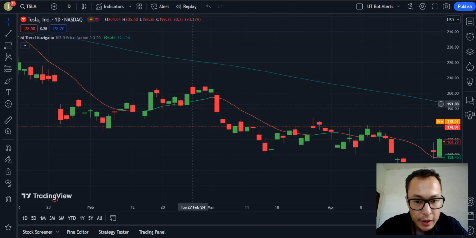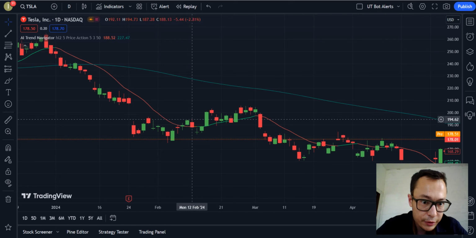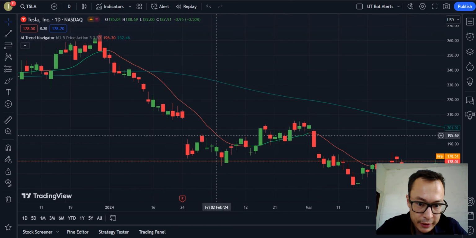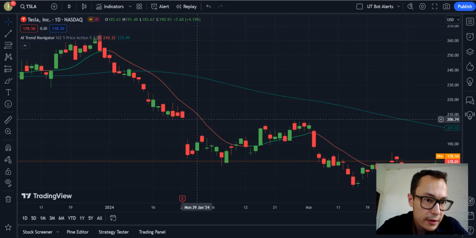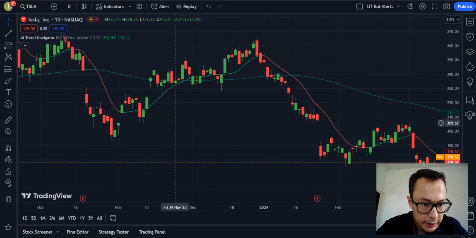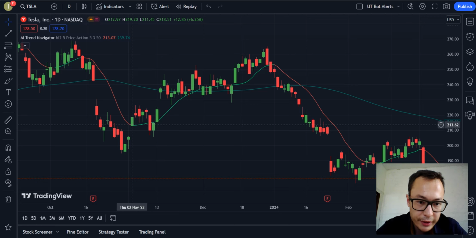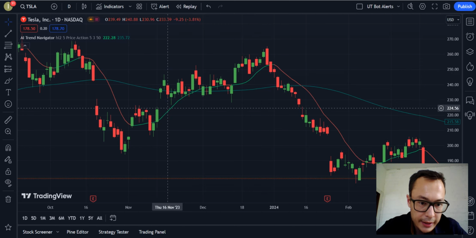So now I will explain how to use this AI Trend Navigator indicator by Zeiierman to trade profitably and avoid losses when trading the Tesla stock. So let's begin. I will start from November 2nd, 2023 as a starting point to explain how this indicator works.